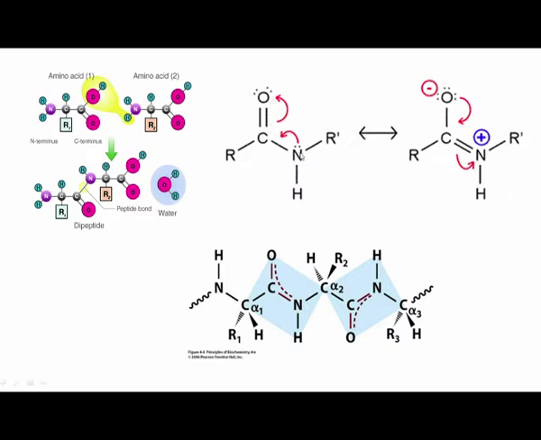This vacancy is filled by the lone pair of electrons from nitrogen, as a result of which, in a quick transition, this oxygen assumes a partial negative charge, whereas between this carbon and nitrogen there is a formation of a partial double bond structure, a double bond character, which was otherwise a single bond.